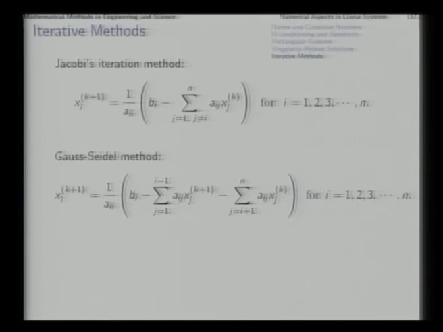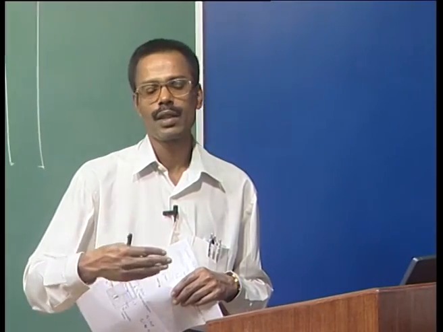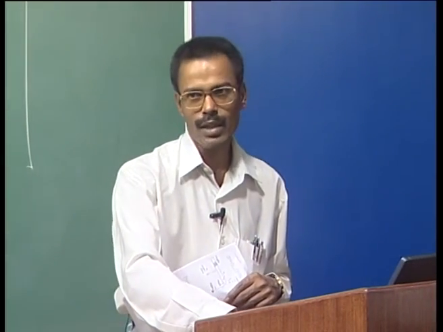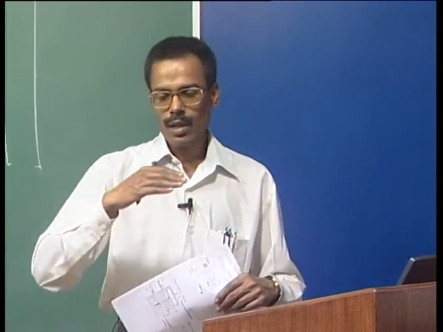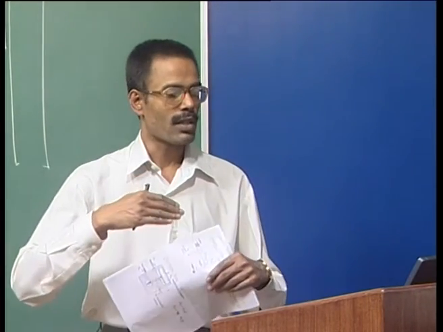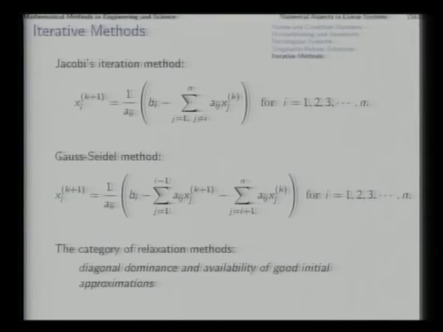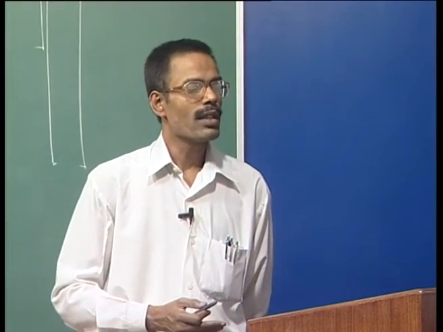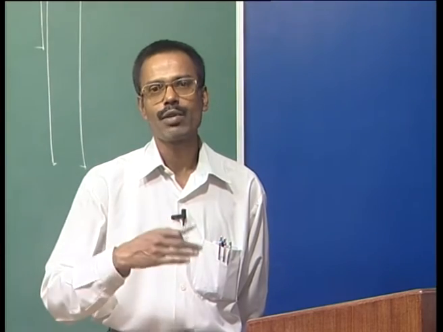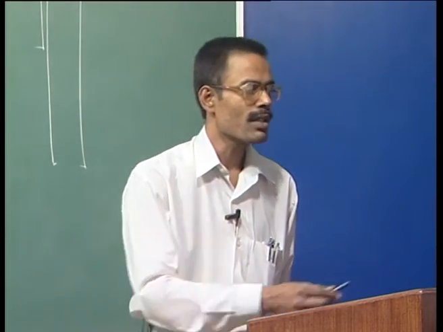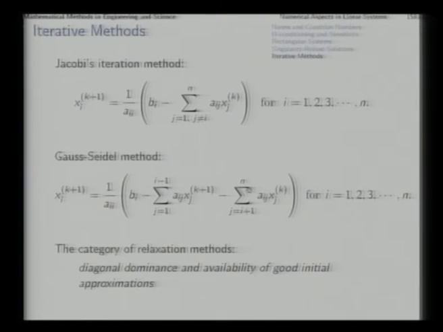Now, the iterations will result in improvements only when we organize the equations in a particular manner, and that particular manner is related to the concept of diagonal dominance. When the diagonal entries of the coefficient matrix are significantly larger than the off-diagonal entries, you call that kind of matrix a diagonally dominant matrix, and in that case these steps will actually lead to improvements in the values of x's.